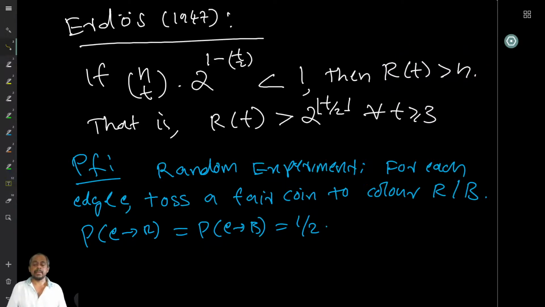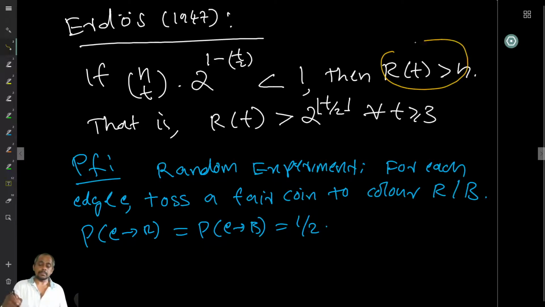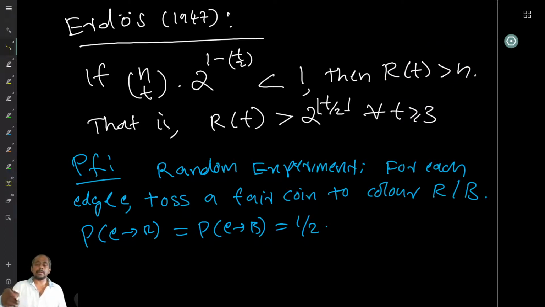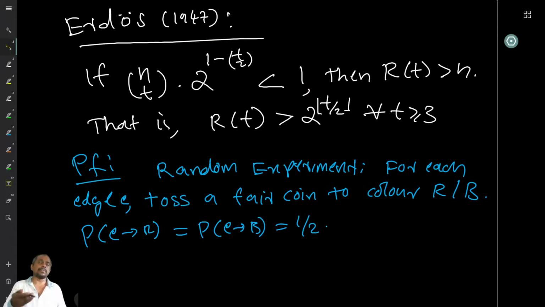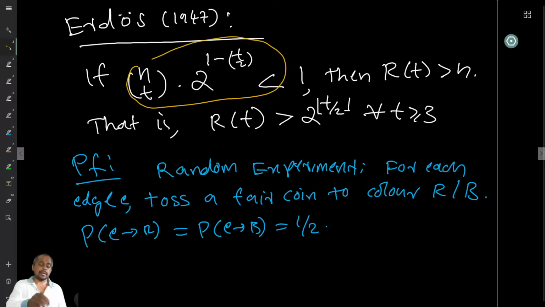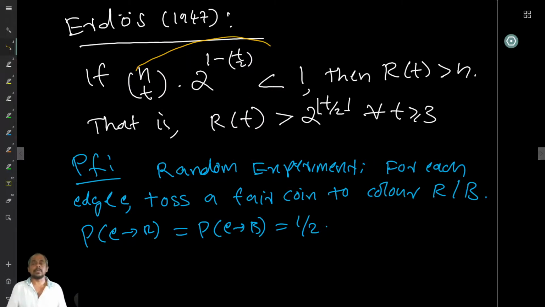So if this happens, then you can always find a coloring of the complete graph on n vertices where there is no complete subgraph on t vertices which is monochromatic.